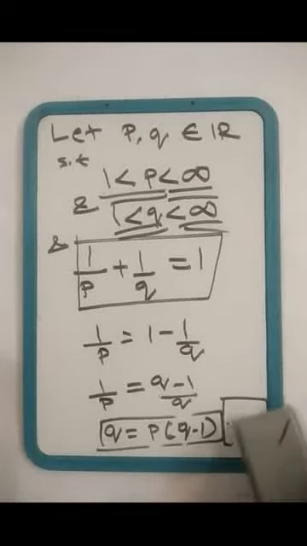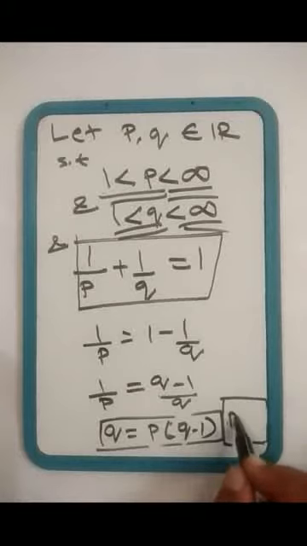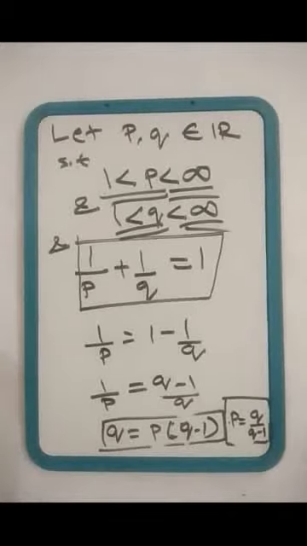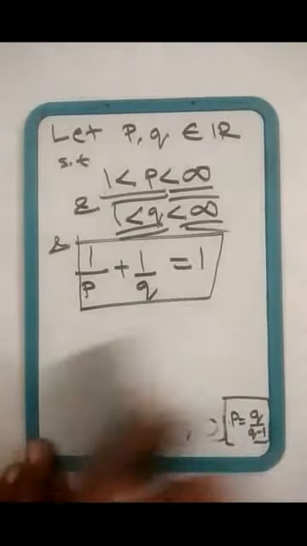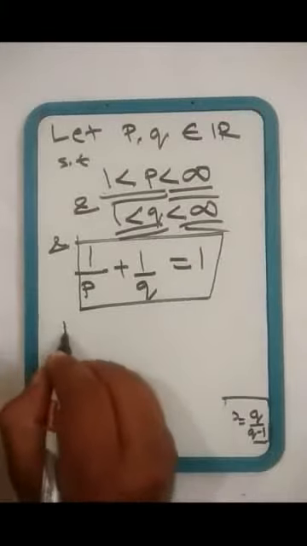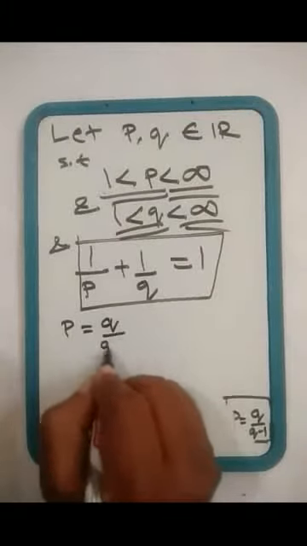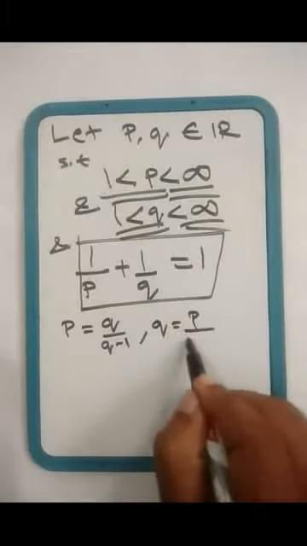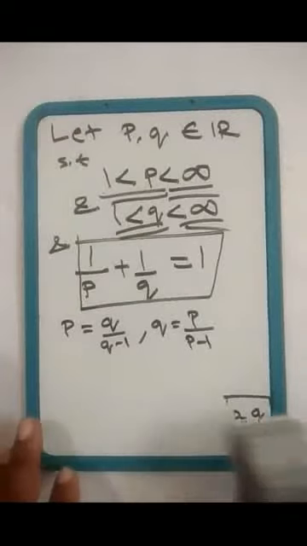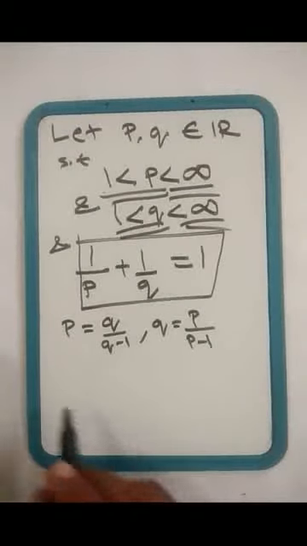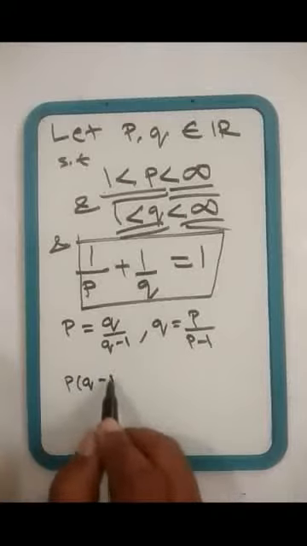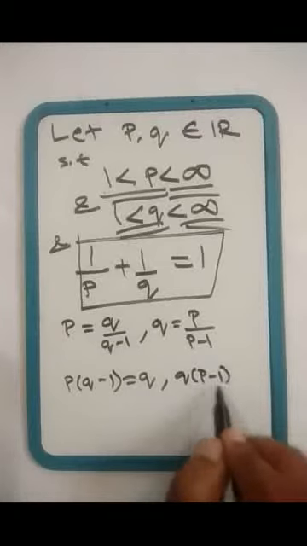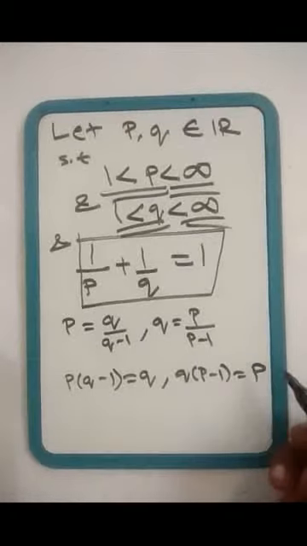And so we have here P is equal to Q upon Q minus 1. Okay. So from here what we can say directly is that P is equal to Q upon Q minus 1, or Q is equal to P upon P minus 1. We can also say that P times Q minus 1 is equal to Q, and Q times P minus 1 is equal to P.